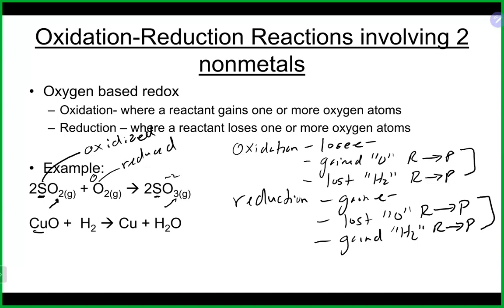Down here, the copper has how many oxygens? Copper over here has how many oxygens? Over here, they have none, right? On this side, on the right. So copper has lost oxygen as it went from left to right, which is this definition. It is the copper here that is being reduced, and it is the hydrogen that is being oxidized.